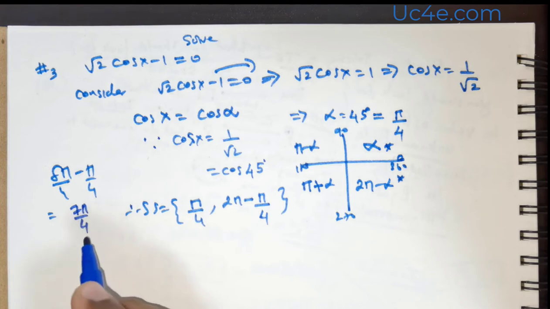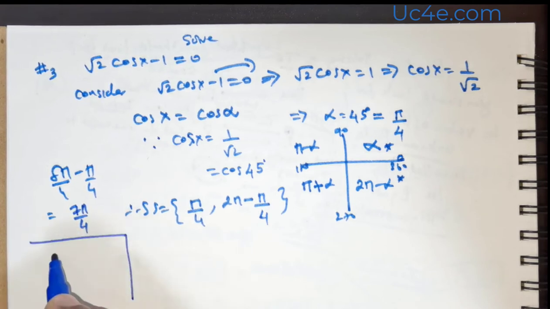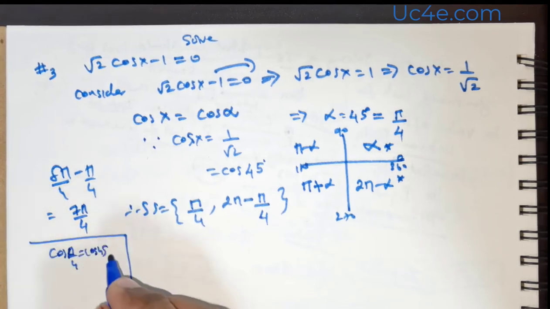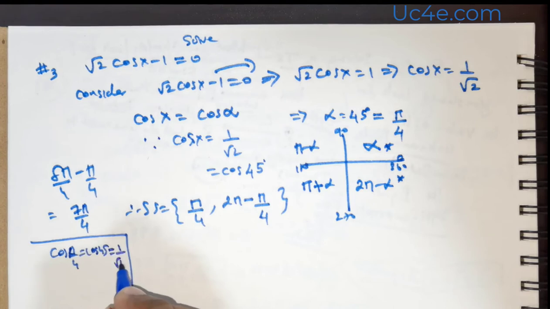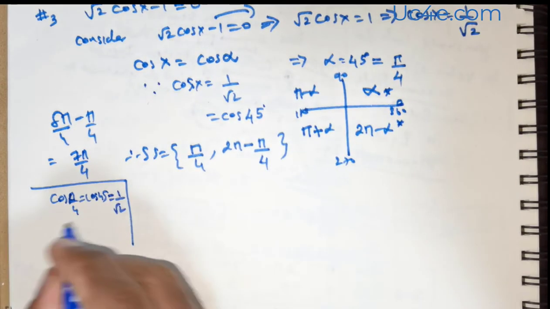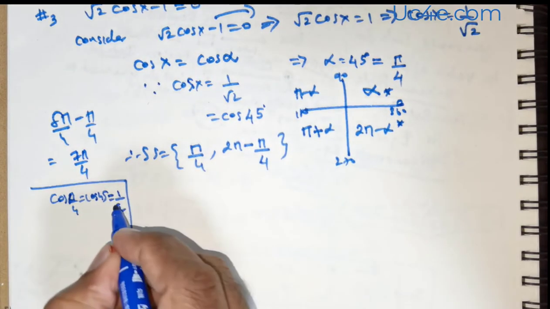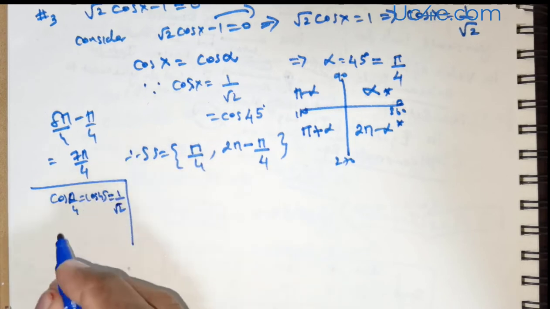Now cos 7 pi over 4, just to give you some additional information. We know that cos pi over 4 is nothing but cos 45, right? Cos 45 is 1 over root 2. This is actually trivial because we know the value.